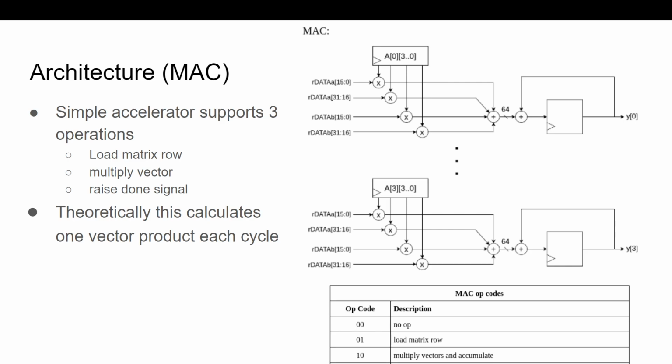So we have 4 multiplier units that are taking in 1 vector at a time, and they each multiply it with 1 row of the matrix, and then add them together to get the final result for 1 vector. And then there's a second step on the right side of that diagram where it actually does the accumulation. Our goal was to do 1 vector complete computation for each clock cycle. And then you'll see in our results how that worked out.